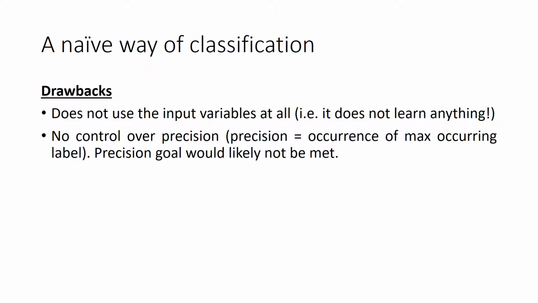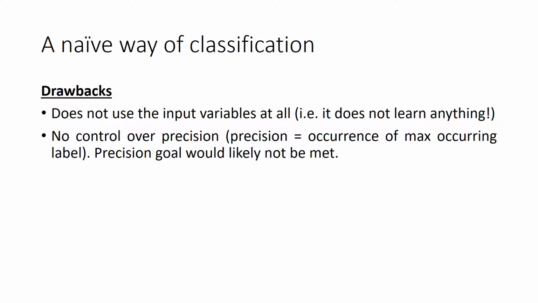The second drawback is you have zero control over precision, because precision in this case is just equal to the occurrence of the max occurring label. So if the max occurring label, which is A in this case, is occurring 70% of the times, your precision would also be 70%, because in the test data set also you're assuming that 70% of your test data samples are classified to A. Now we know that test data and training data performance don't match, but just bear with me for a while.